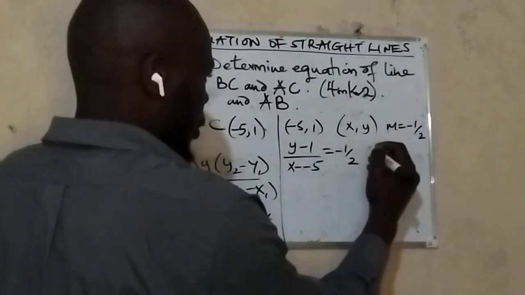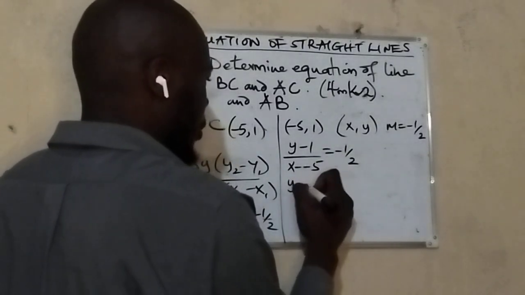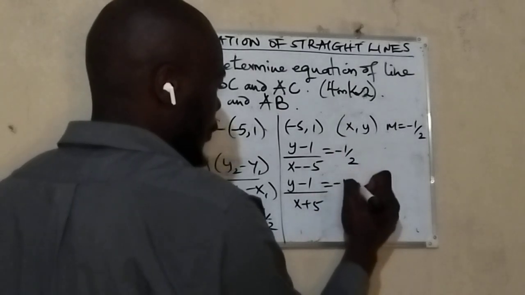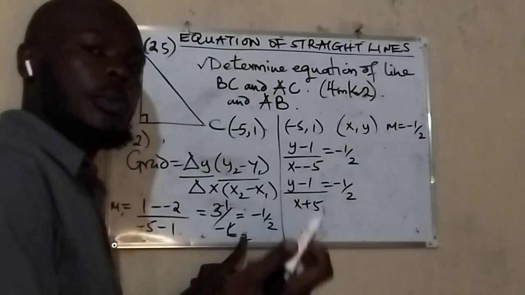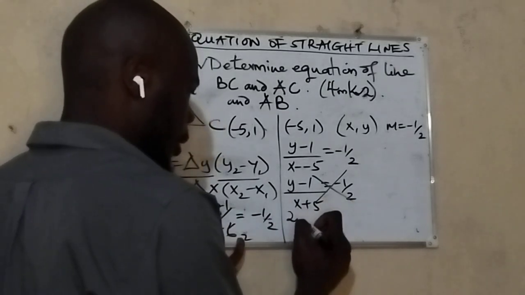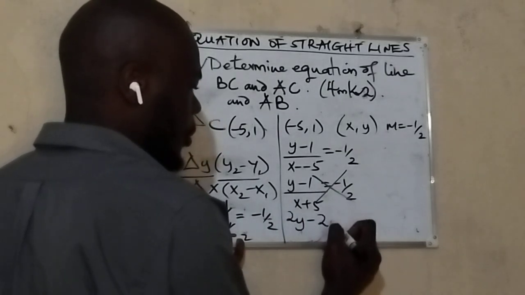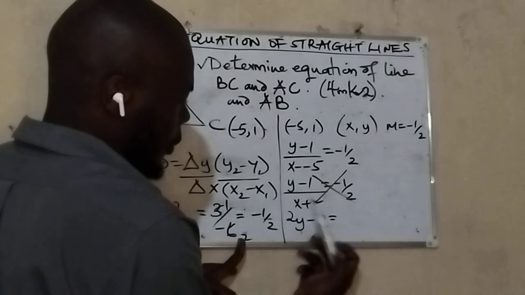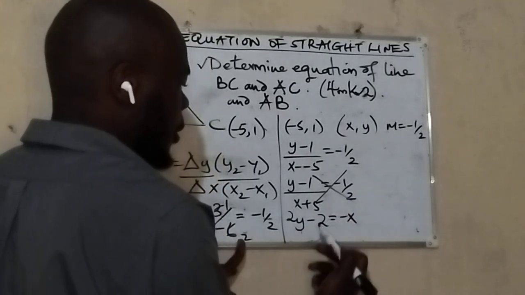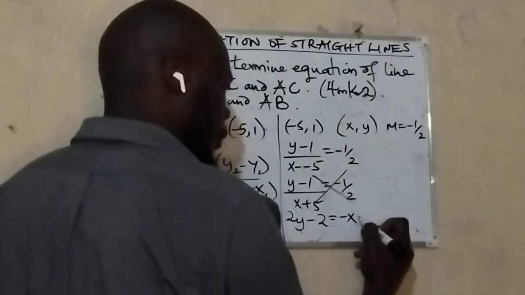So this gives us y minus 1 over x plus 5 is equal to -1/2. Reaching this point, you cross multiply. We'll have 2 times y, 2y minus 2, is equal to -1 times x, -x, then -1 times +5, get -5.